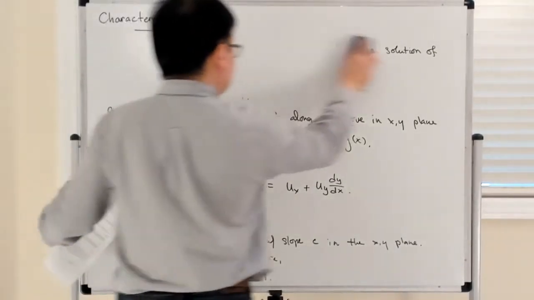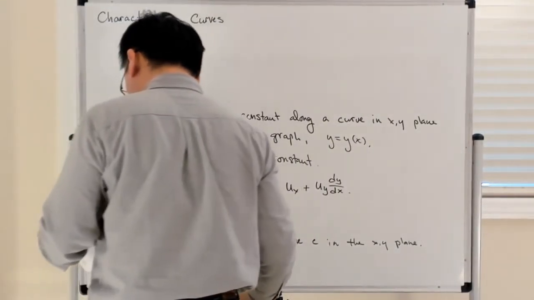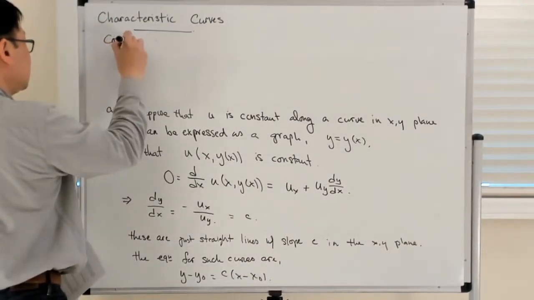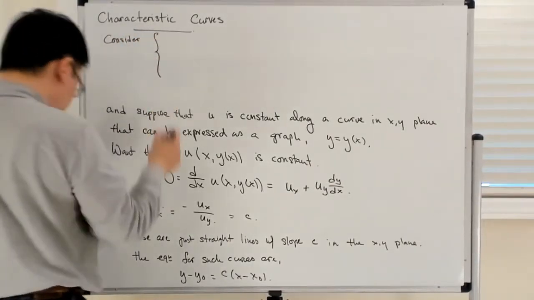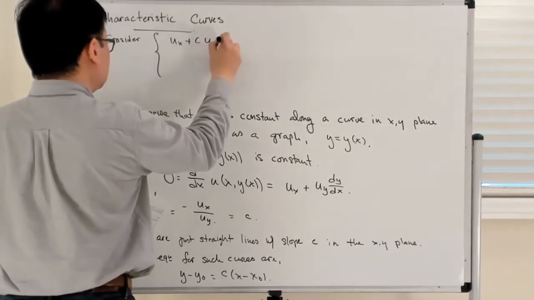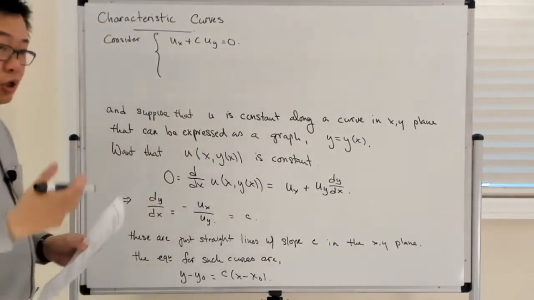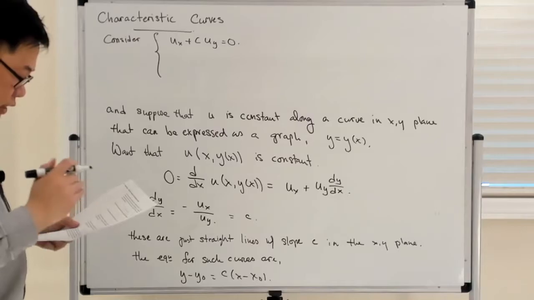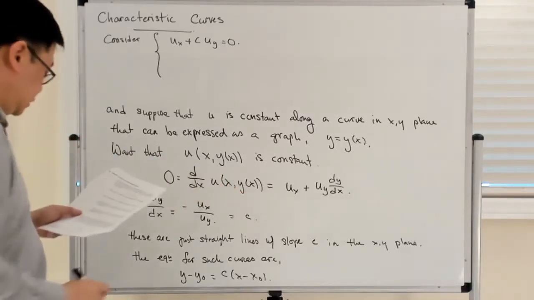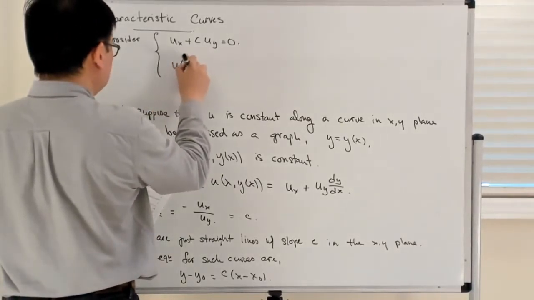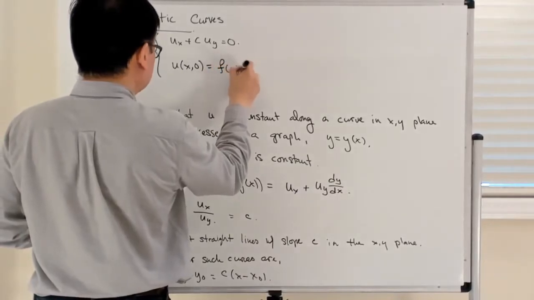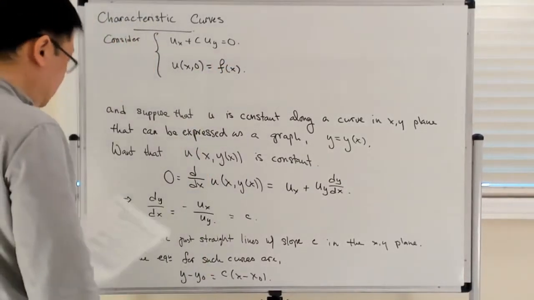So let's consider a slight extension of this. Again, you still have the same differential equation, u_x plus c u_y is equal to 0. But let's assume, in addition to that, that I've specified the initial condition on the x-axis. So I also have that u(x, 0) is equal to some function f of x.